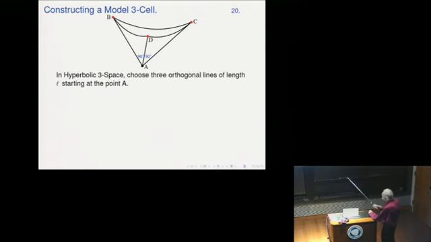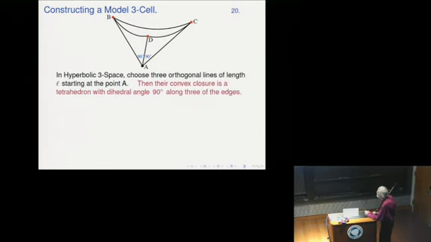I start by taking a point A and 3 orthogonal lines of length L, and then taking the convex closure, which will be a hyperbolic tetrahedron. By the construction, since these three lines from A are orthogonal to each other, the three dihedral angles along the edges from A will be 90 degrees.